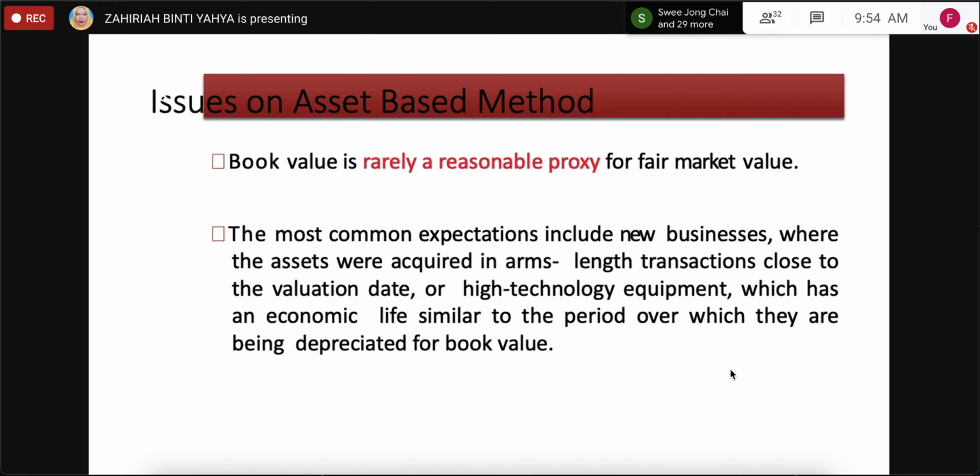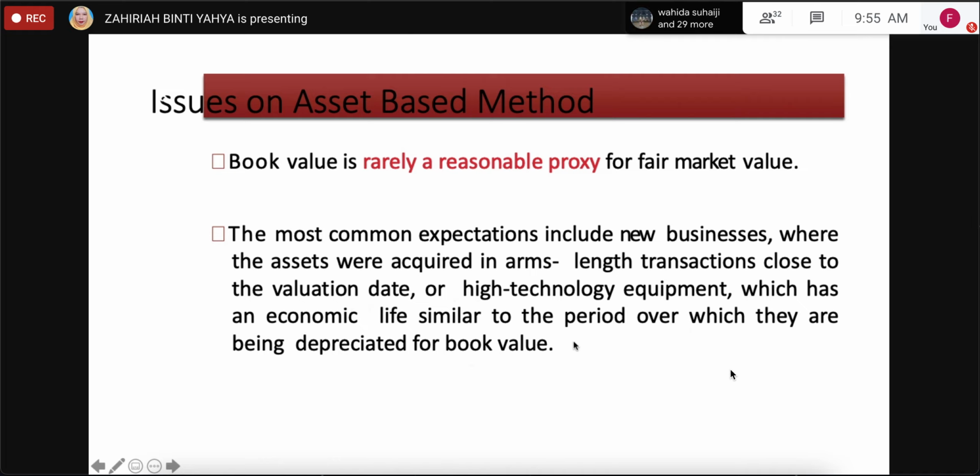So itu pentingnya bila kita buat business valuation, we do the adjustment, normalization. Kalau new business where the asset were acquired in arm length transaction, at close to date of valuation, or high technology equipment, we have an economic life similar to period over which they are being depreciated for book value.